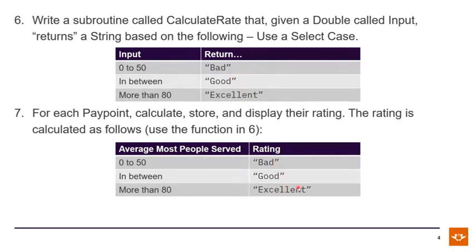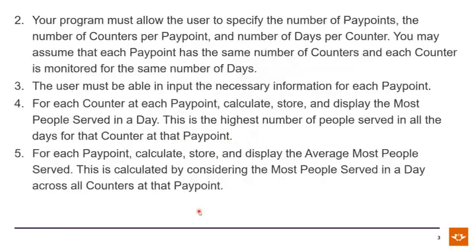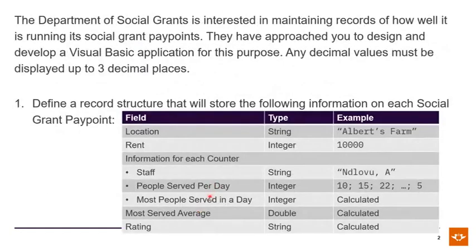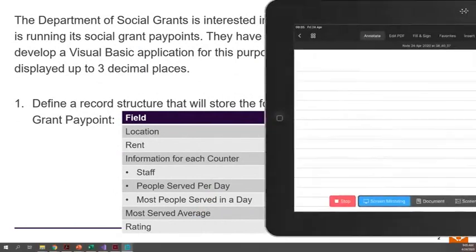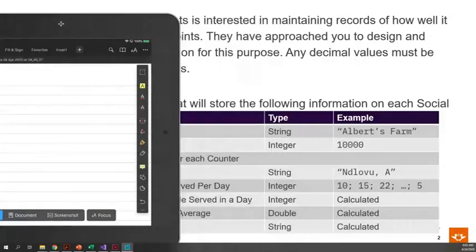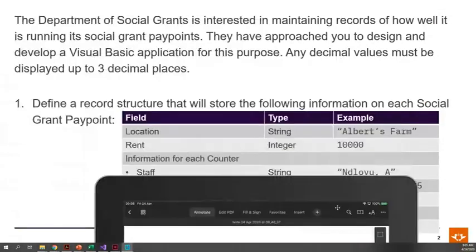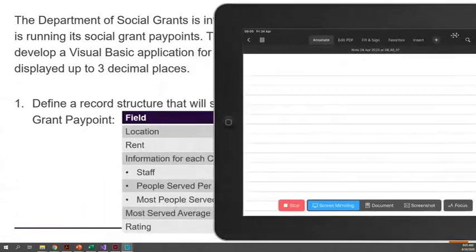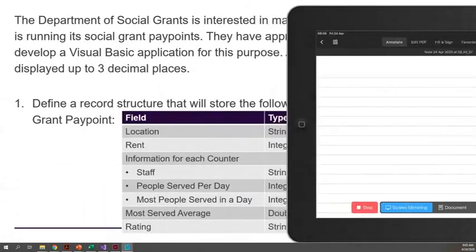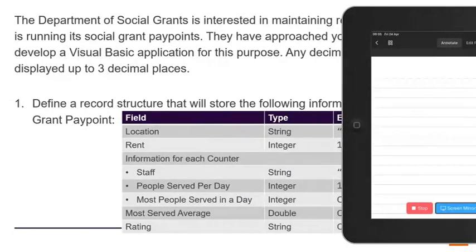Okay, so this is effectively your question for this tutorial. And I'm going to begin by going back to my record structure here, and I'm going to put my iPad here on the side. All right, let's do that.